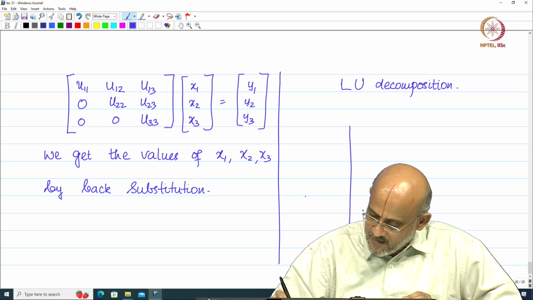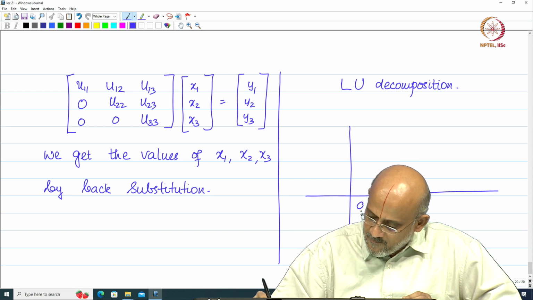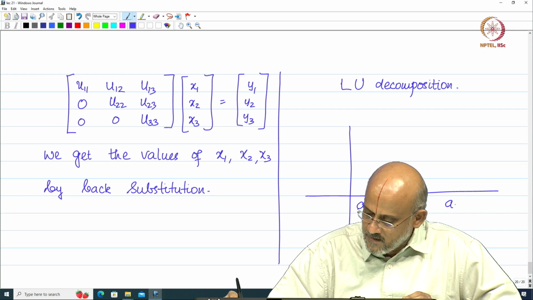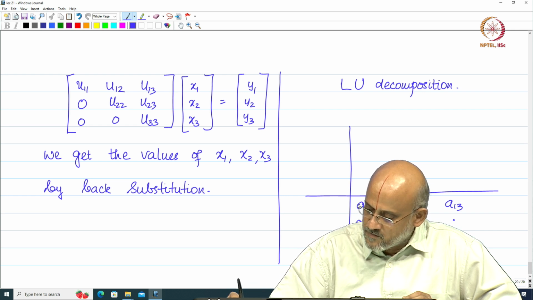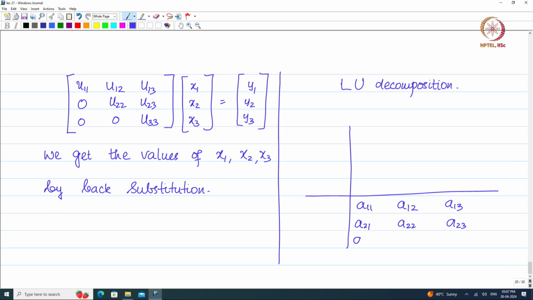So, let us basically take it this way. I have my matrix A: A11, A12, A13, A21, A22, A23, A31, A32, A33. I have my lower triangular matrix, which is basically 1 0 0, L21 1 0, L31 L32 and 1.